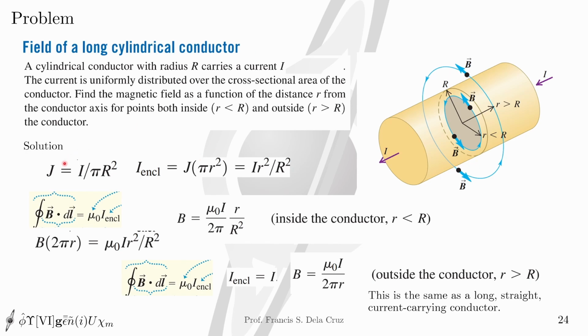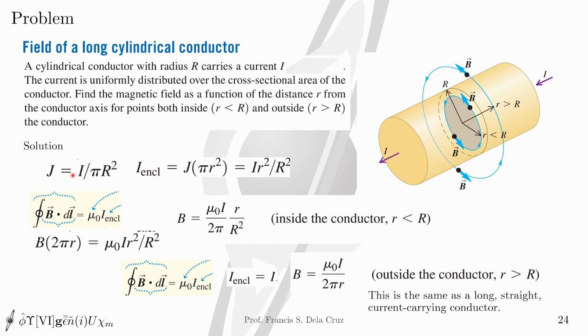How? So if we look at this, we were given a uniformly distributed current density. We know that the current density is I over A, or in a generalized form, the surface integral of J dot dA, that's I. But since this is uniformly distributed, the integrals will be evaluated in a simpler manner.